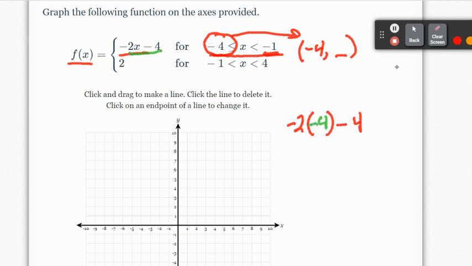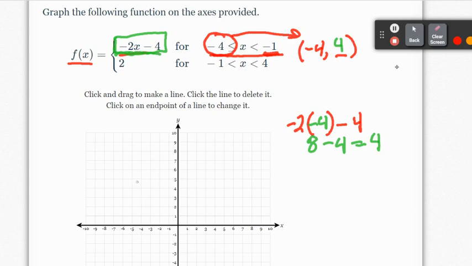So this was my -2x minus 4 coming on over right here. And then you work it out, and that's going to give you -2 times -4 would give you +8. +8 minus 4 should give you 4. So this coordinate, -4, 4, is where this function touches utilizing this top piece rule, this top linear rule.